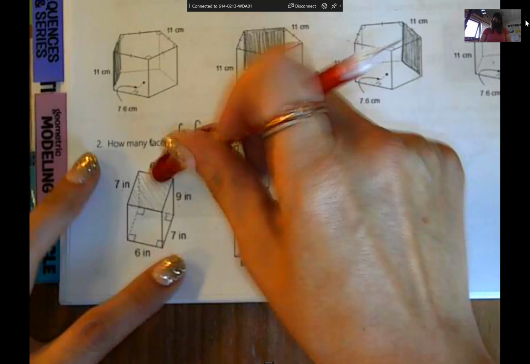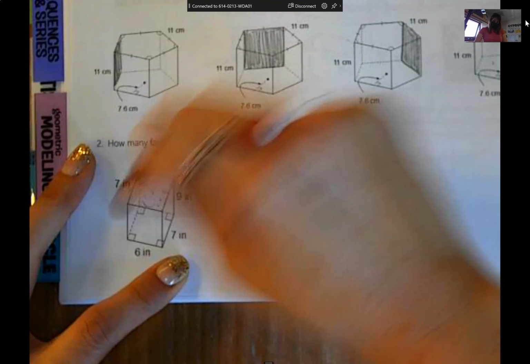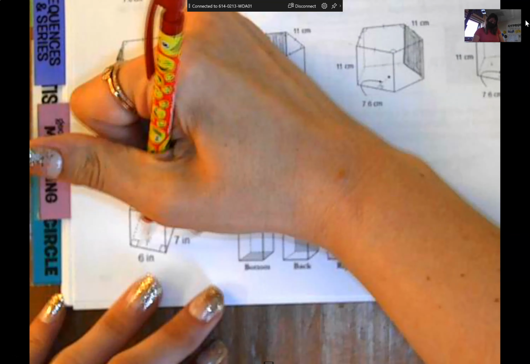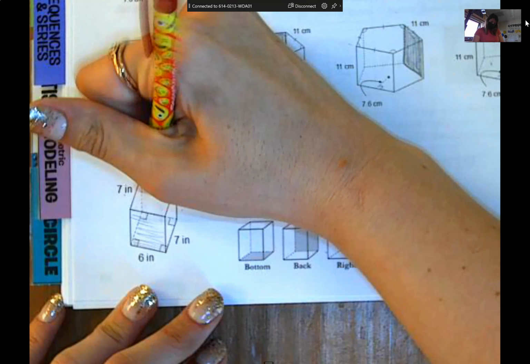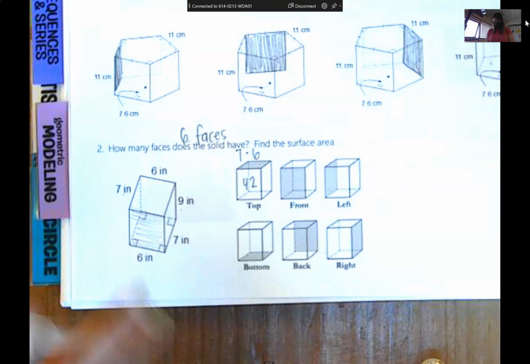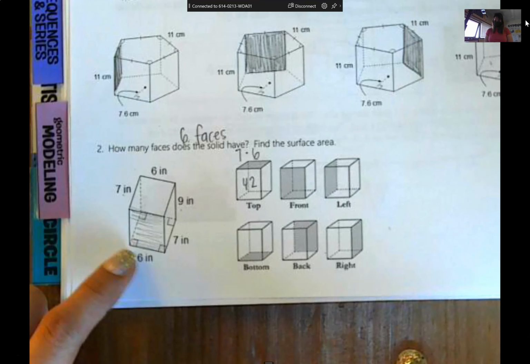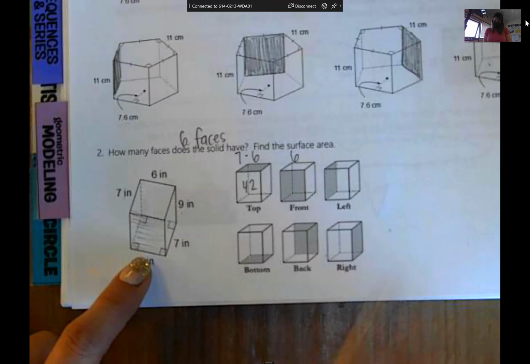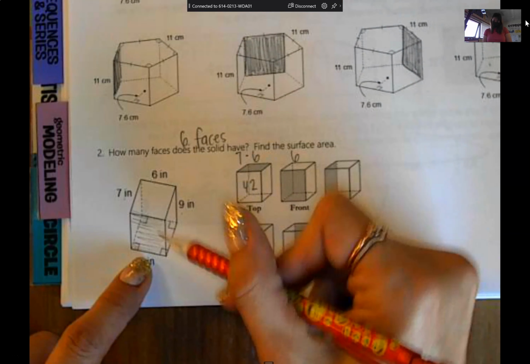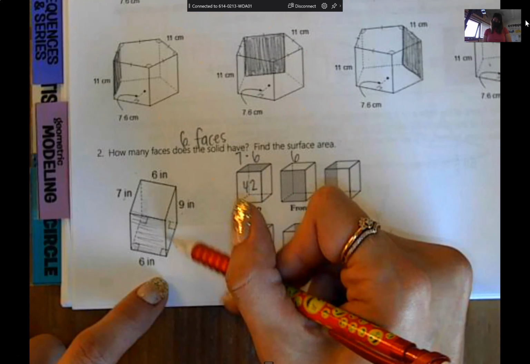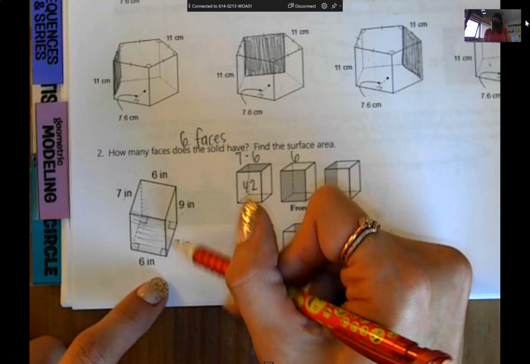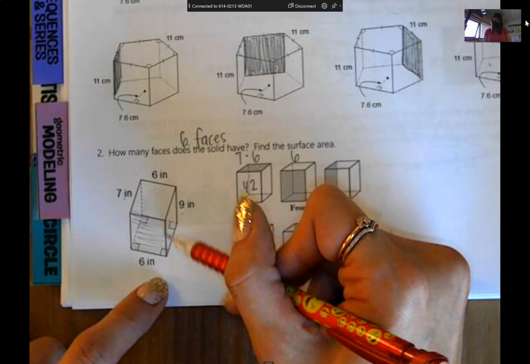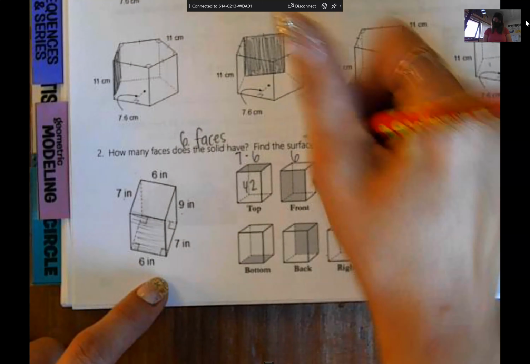Okay, the front side would be this one. To find its area, its length is 6, but this height part, you've got to be careful on that. What's the width of this rectangle? 9.